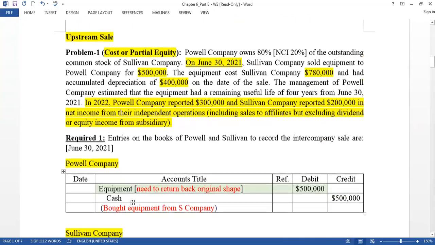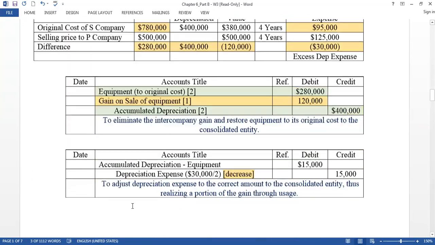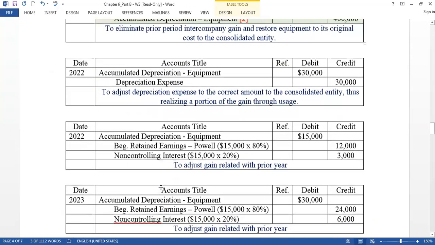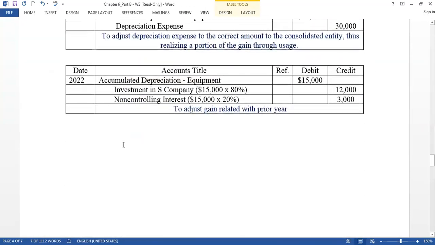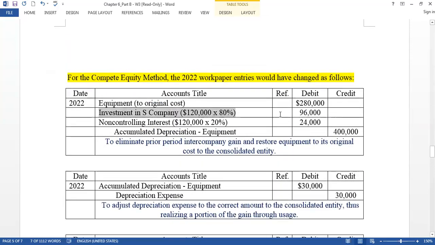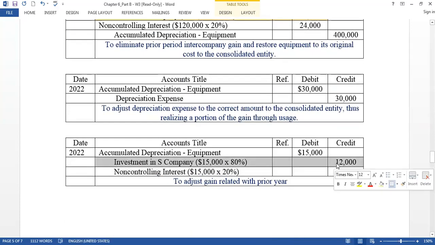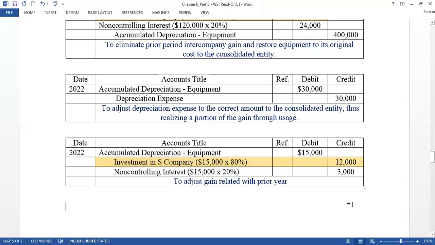Which account title is different? According to the cost method, we record beginning retained earnings, right? But the complete method said that it is only changed here. This is the only change. Just the account title changes.